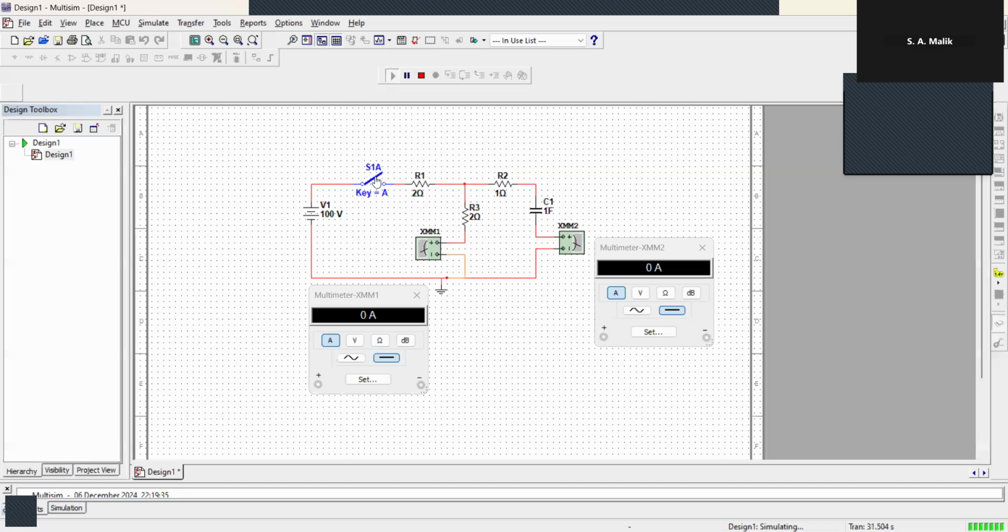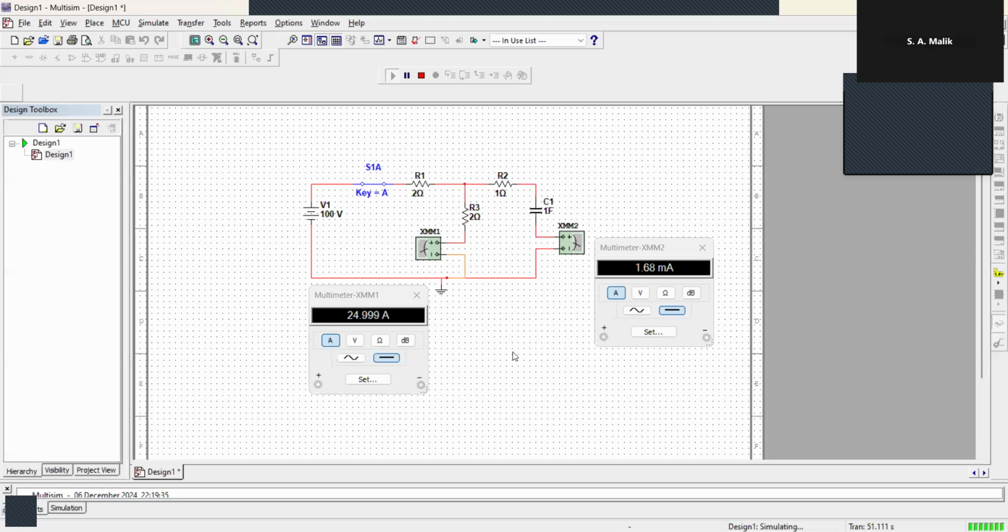Let me turn on the switch. As you can see, it starts recording the value. As the time goes towards 10 seconds, the capacitor current almost drops to zero. You can check it from here. Now it's in milliamperes, and the resistor current has risen to almost 25 amperes. As time progresses, the capacitor current almost goes to zero.